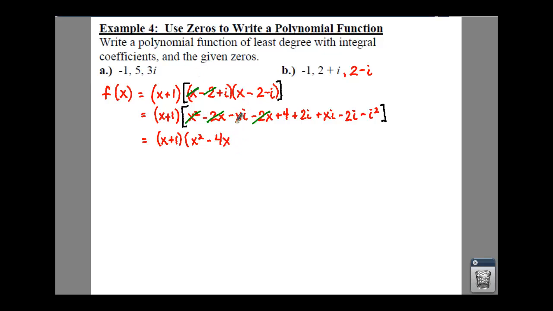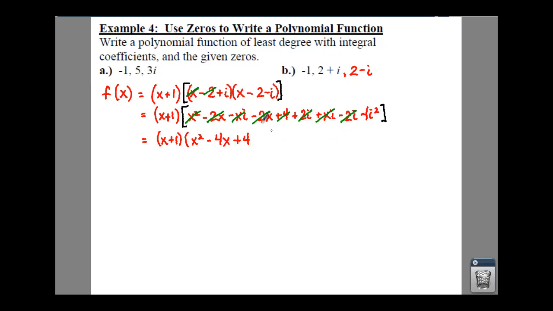Next up, I have a -xi. So we need to find another xi. Nope, nope. Oh, there's a positive xi. They cancel each other out. Now I see I have a 4, so I'm going to see if I can add a 4 or anything else. No, not really. So I'm going to put plus 4. Now I have a 2i, which is going to cancel with this -2i.